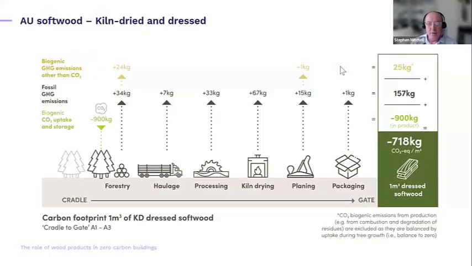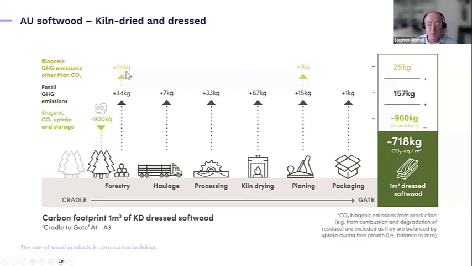And here's an example from the Australian softwood EPD, the kiln-dried dressed timber. You can see here the biogenic carbon stored, the uptake from the wood in the tree when it was growing, minus 900 kilograms of CO2. And then you see the various fossil fuel emissions at the various stages of production.